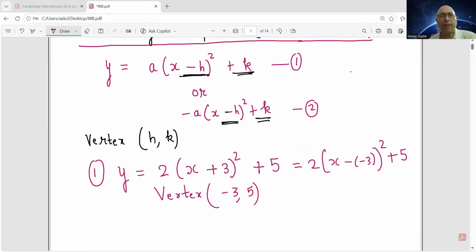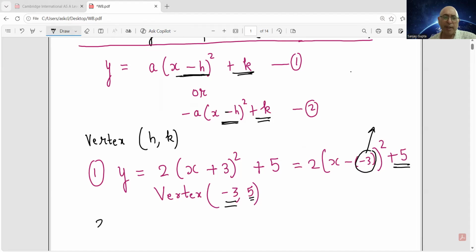Please compare with the standard completed the square form. Here we have seen this is negative 3, so we have to write x minus h. Whatever comes here becomes the x coordinate of the vertex, and whatever is outside this square term, which will be a constant like plus 5 or whatever, will be the y coordinate of the vertex.